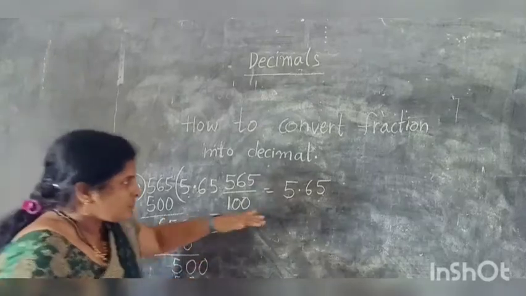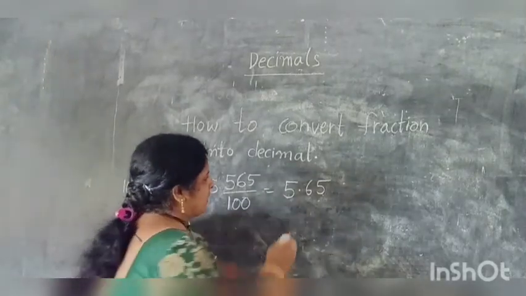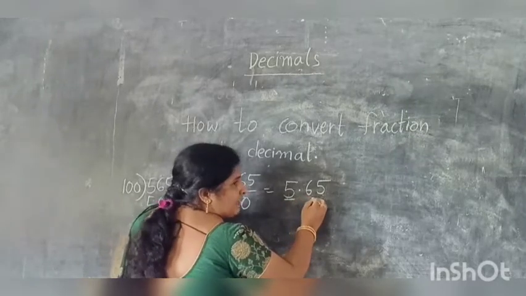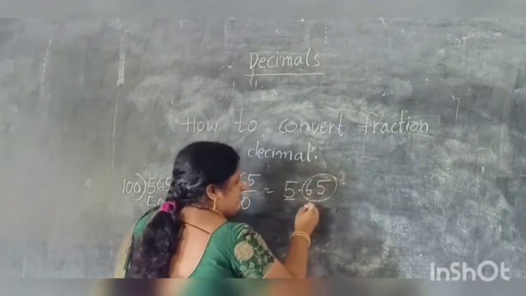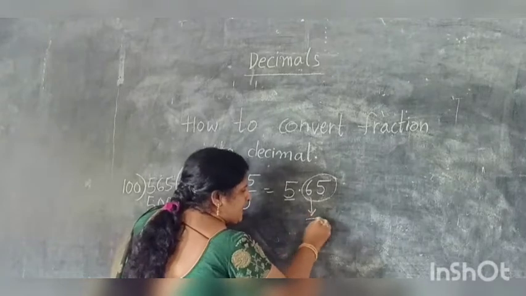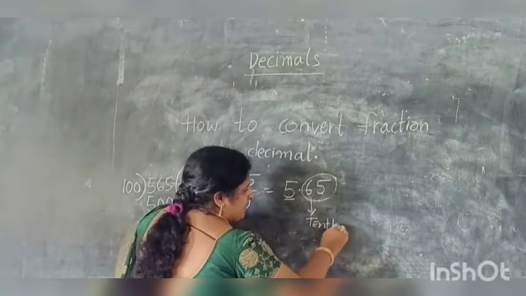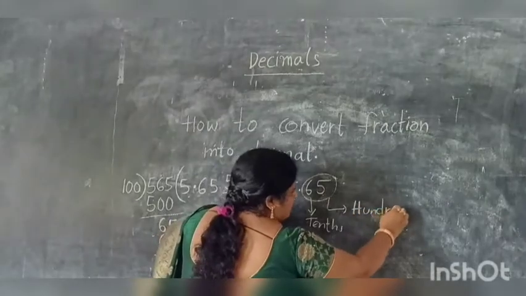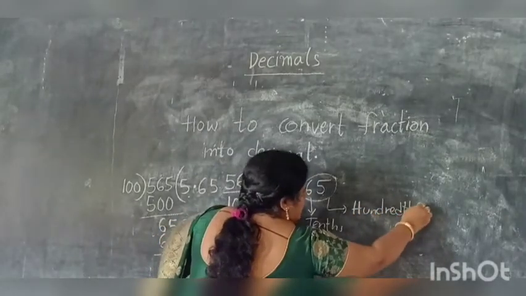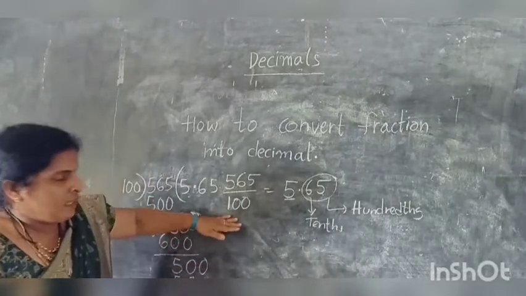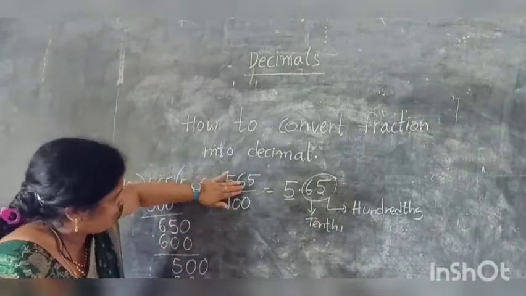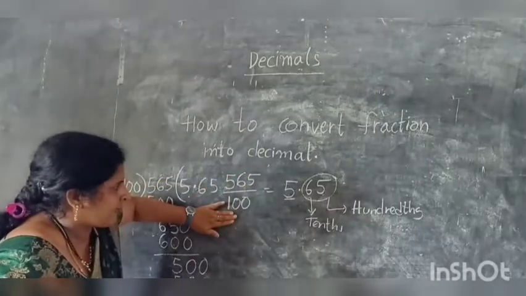Children, listen. This is the whole number part. Decimal point. This is the decimal part. Here, this is the tens place, this is the hundreds place. Look at the example, children. 565 by 100.